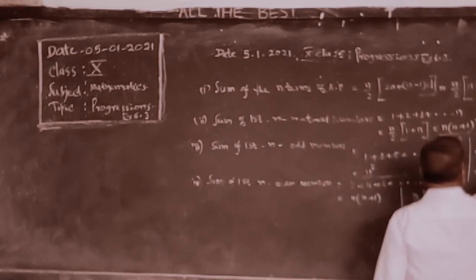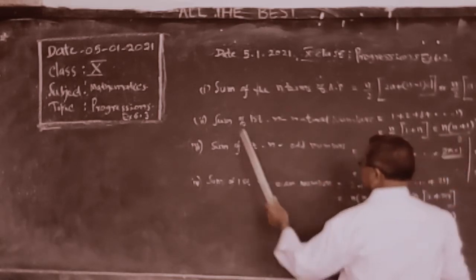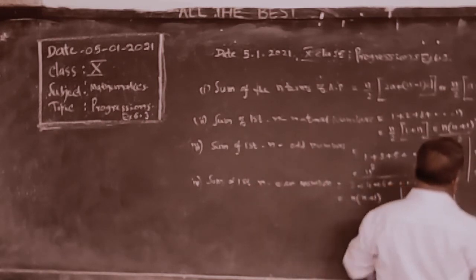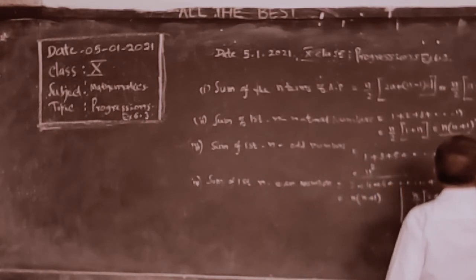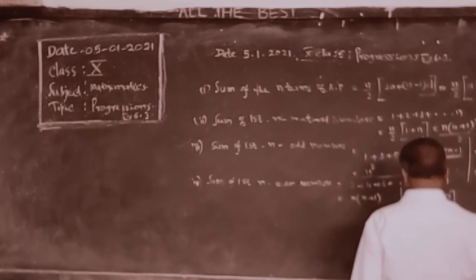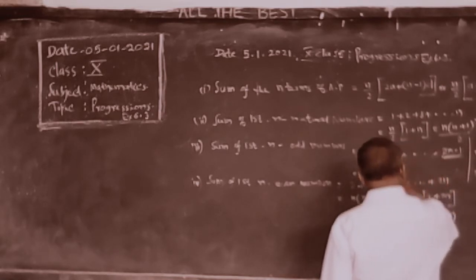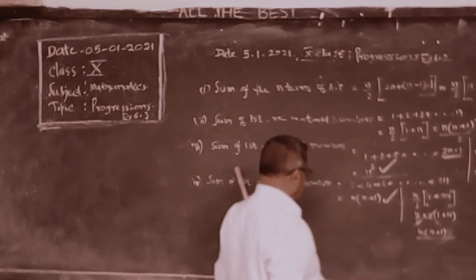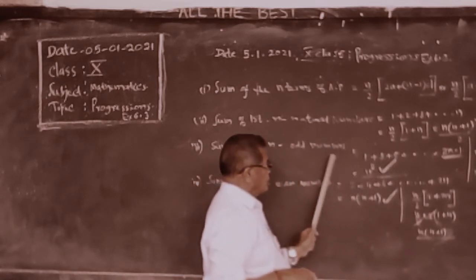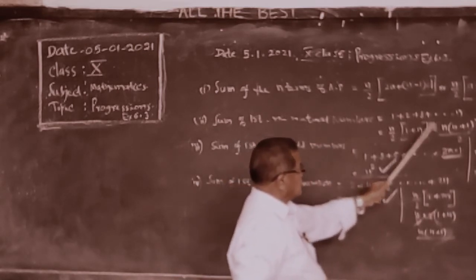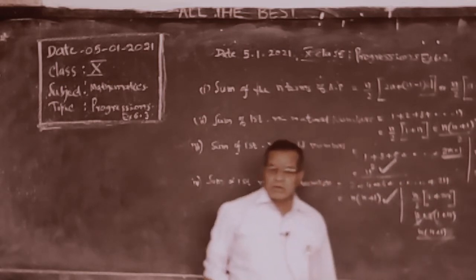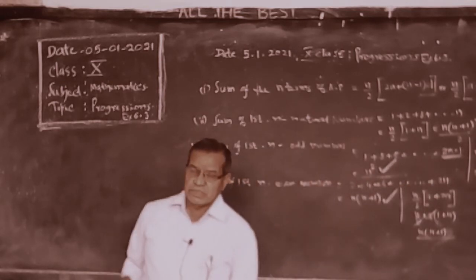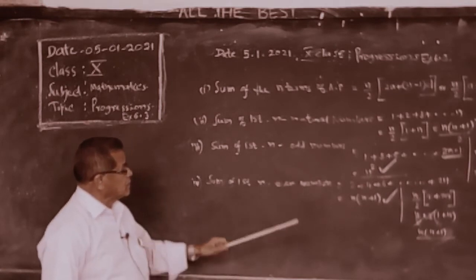First, this is for the n natural numbers. n squared is for the odd numbers, and this is for the even numbers. Sum of n even numbers, sum of n odd numbers, sum of natural numbers. These are the formulae, please remember them.